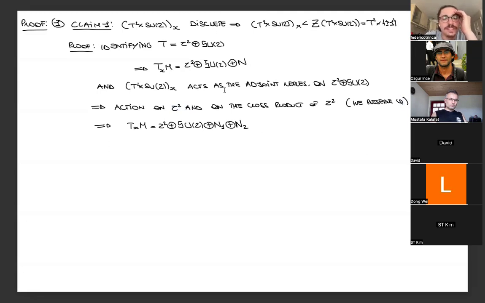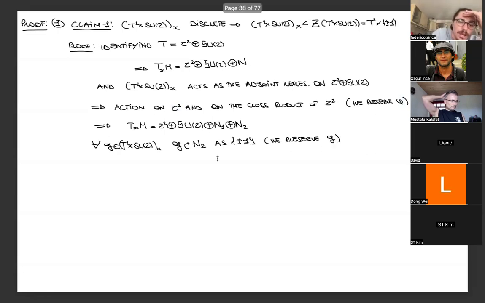So in particular, this means that N splits a line N1 on which my element here acts trivially. So on T_xM, we have my action, which is trivial on T2, trivial on N1, and N2 is a one-dimensional subspace. So since we preserve the metric, then g acts on N2 as plus or minus the identity.